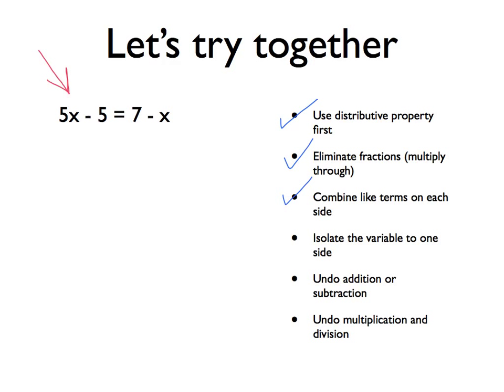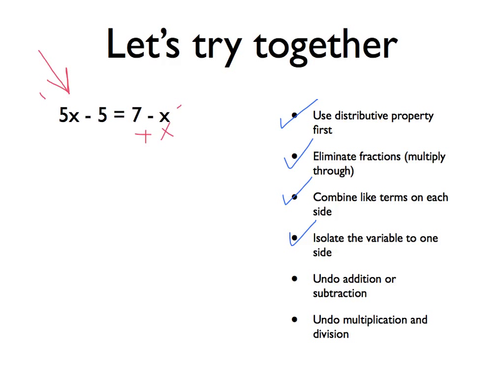Let's move on. Isolate the variable to one side. Typically on these, I will look at the equation and I want to see which is easiest to use the inverse operations on. I have a negative x over here and a 5x over here. I think it would be easiest for me to just add a plus x.